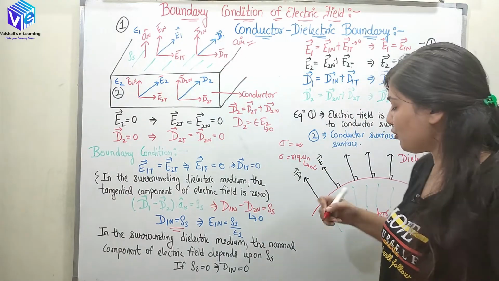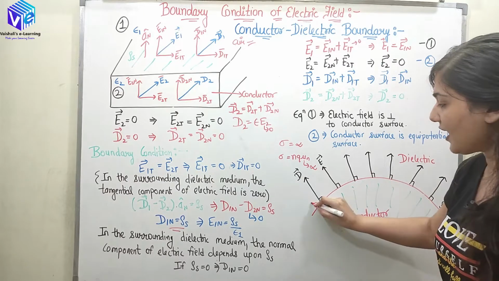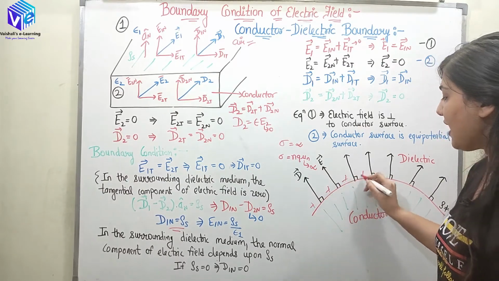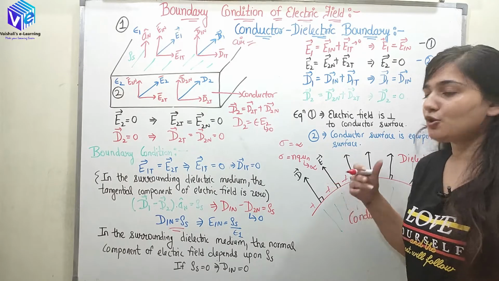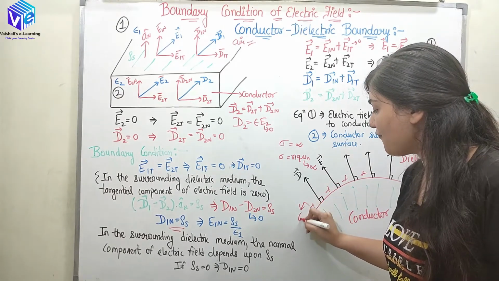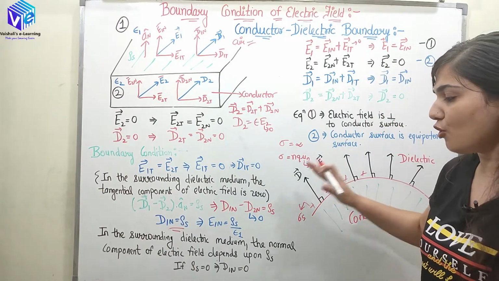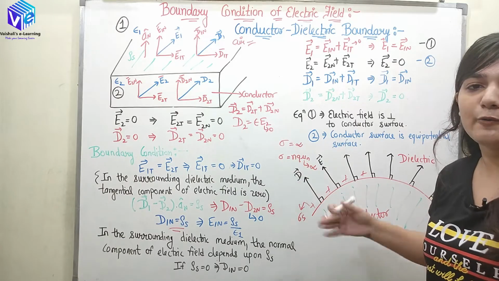I already told you, whenever we have a conductor, inside the conductor we don't have any charge, but at the surface we have the accumulation of charge. How can I measure this charge? I can measure it with the help of surface charge density. So if this surface charge density is more, the electric field will be more.